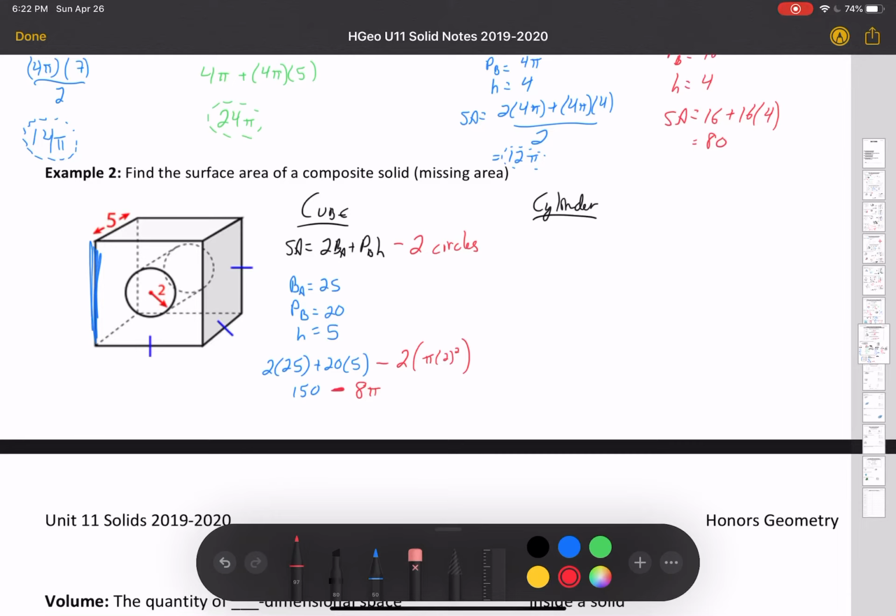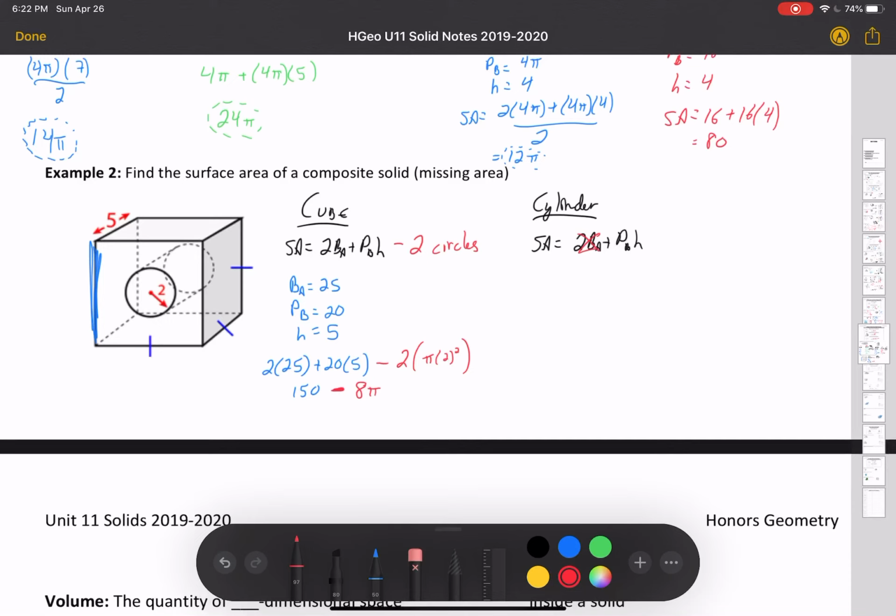Now we need to think about the cylinder. Surface area formula for a cylinder is 2 times the area of the base plus the perimeter of the base times the height. But if I think about this, I cannot touch any of the bases of the cylinder because the circles have been removed. But I can go within that cube and touch the lateral surface area, or if you want to think about it like the sides of the cylinder, that thing that wraps around the 2 bases.